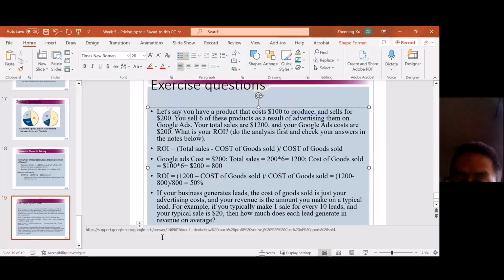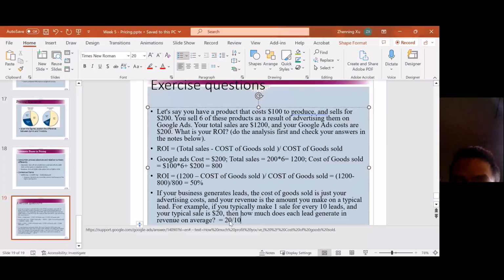So now imagine they spend $20, and then you can do a calculation. You get to understand how much revenue each lead actually generates. For this one, it's going to be simple. It's 20 divided by 10.